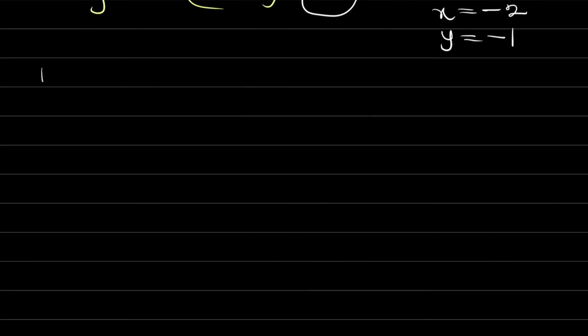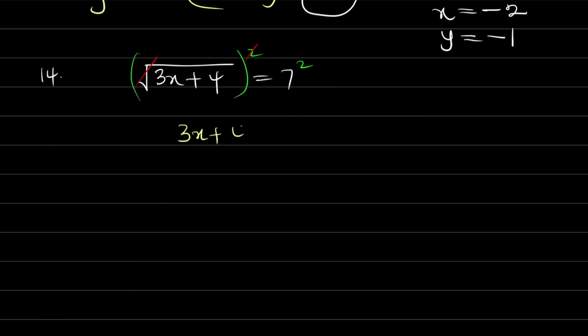And question 14 says that we should solve the equation square root of 3x plus 4 is equal to 7. To solve this, what we need to do is to first square both sides, and doing so, this will take care of this, and we are left with 3x plus 4 is equal to 7 squared, which is 49.